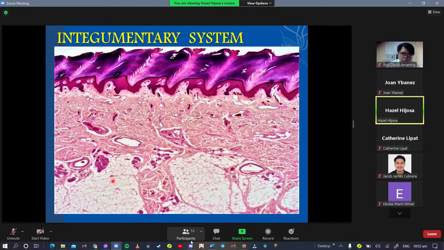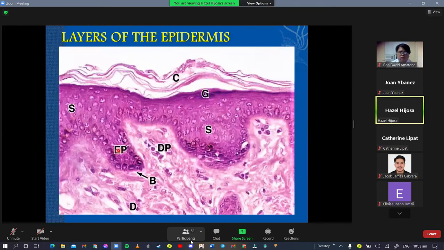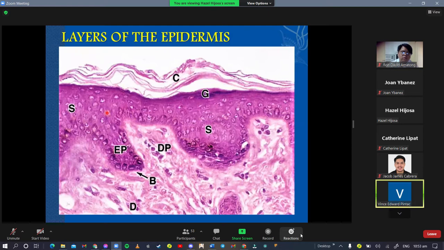Okay, so we now go to the different layers of the epidermis. What type of epithelium lines the epidermis? Stratified squamous epithelium, Doc. Why squamous, not cuboidal?